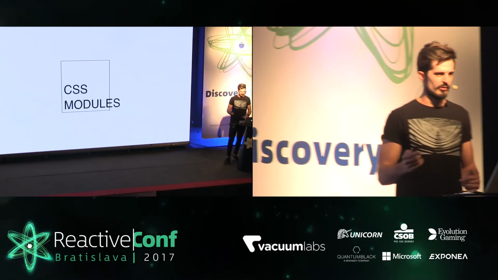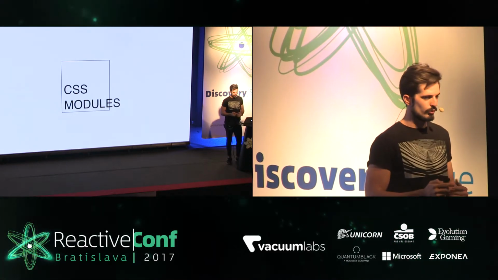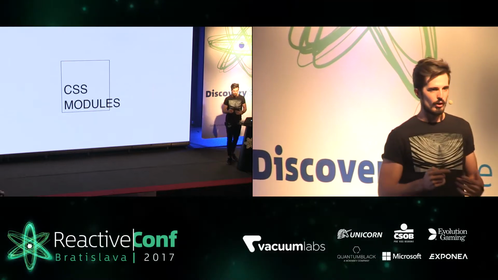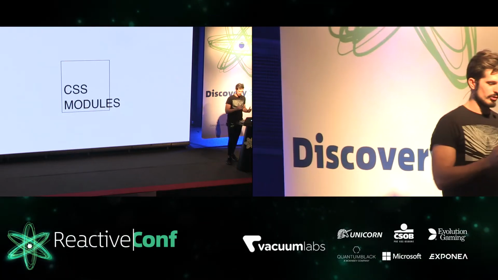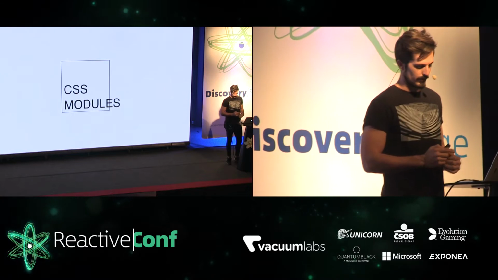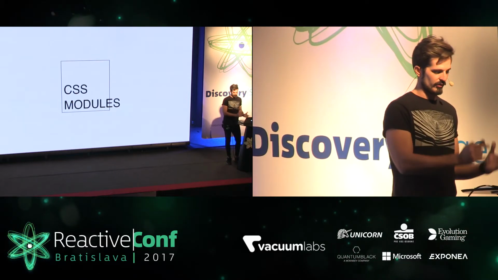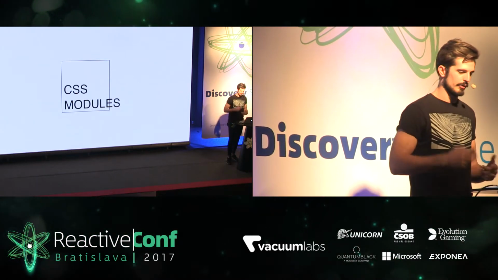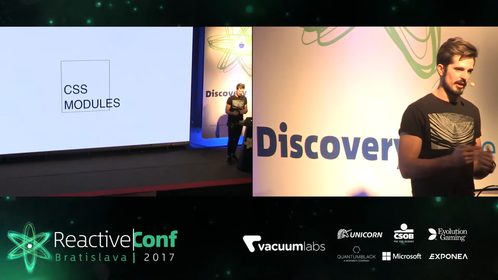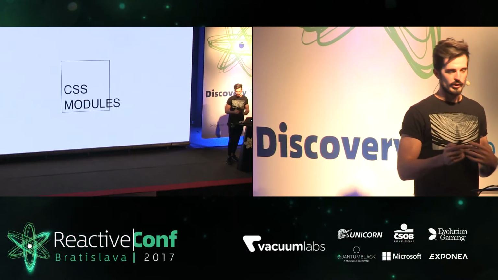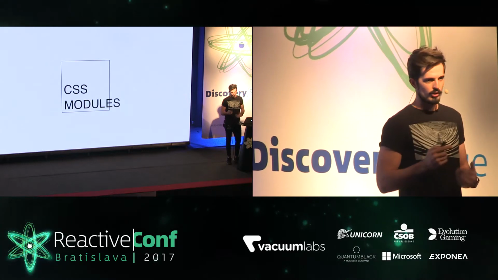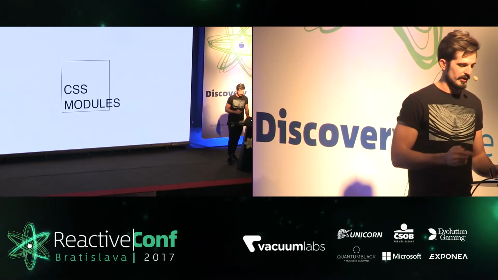In case you don't know about CSS modules, it's going to allow you to import CSS into an object that can be used and passed as a reference to class names that can be later locally scoped. They're going to be hashed. So you avoid collisions and you skip some issues that you usually have with regular CSS.